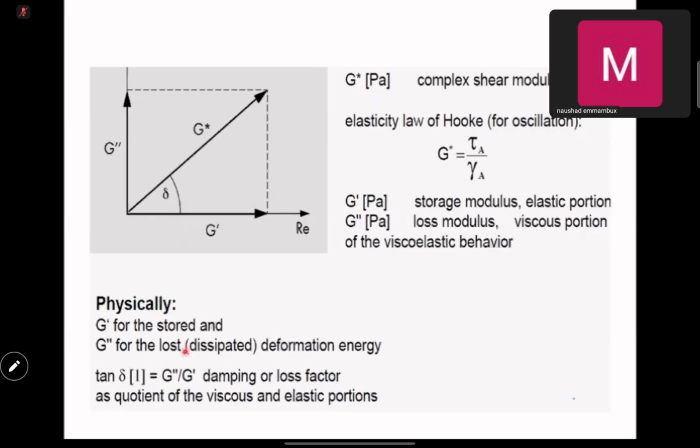G prime is the storage modulus, and G double prime is the loss modulus. And tan delta is G double prime divided by G prime, so the loss modulus divided by the storage modulus, which is the damping or loss factor, the quotient of the viscous and elastic properties.